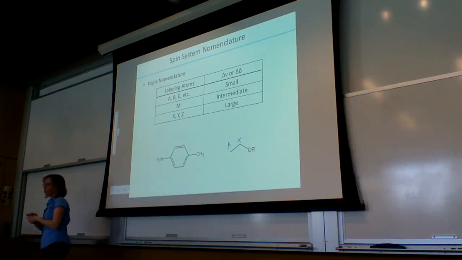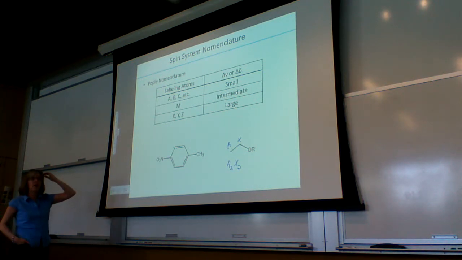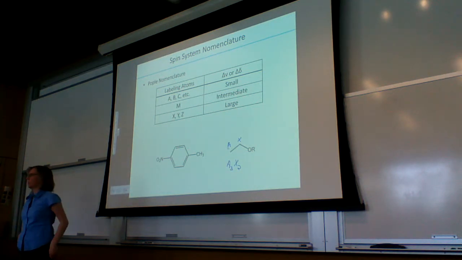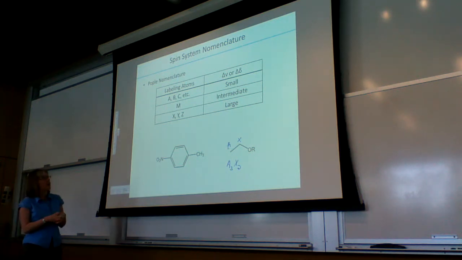So that's a pretty large difference, and so we'll label that as AX. And in this case, we're going to have A3X2. So there's 3 hydrogens that are at A and 2 hydrogens that are at X. And when we talk about some spin systems, we're going to talk about A's and B's and C's in the systems.